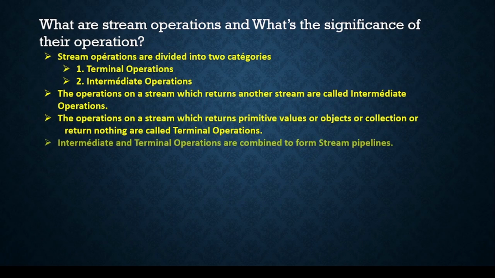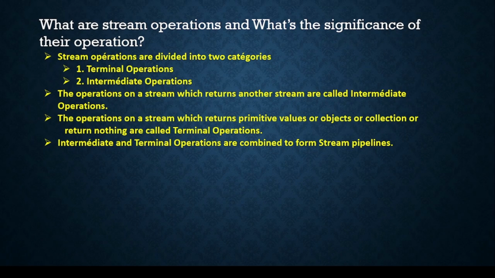Okay, so intermediate operations and terminal operations are combined to form a stream pipeline. So there is a list, and we are performing operations like map, which we have done. Map is nothing but an intermediate operation.